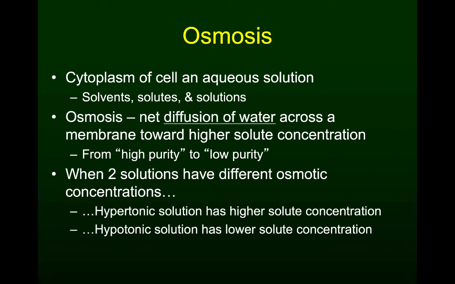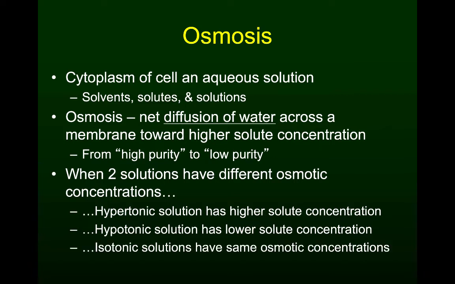If we're dealing with a description of these terms, hypertonic always has relatively more solute compared to hypotonic. Hypertonic has relatively less water compared to a hypotonic solution. And again, water always goes from the hypotonic side toward the hypertonic side.